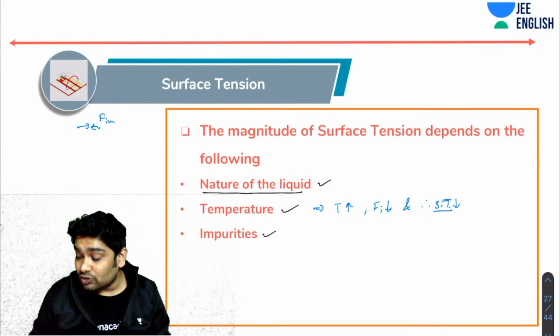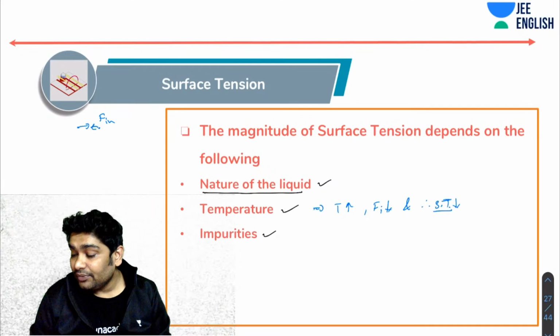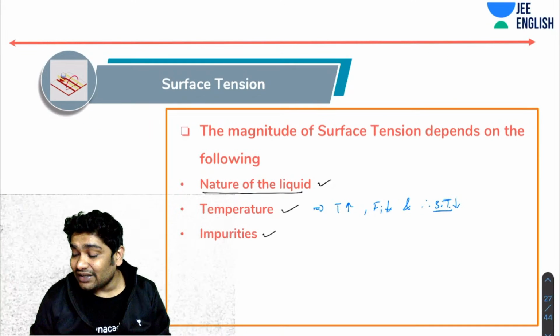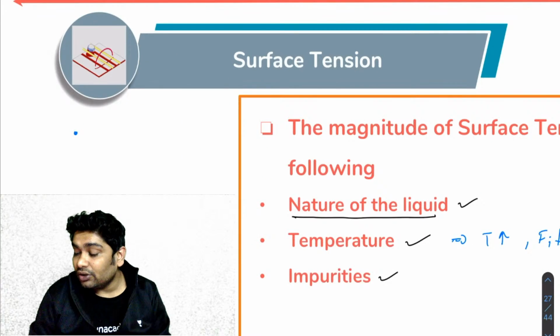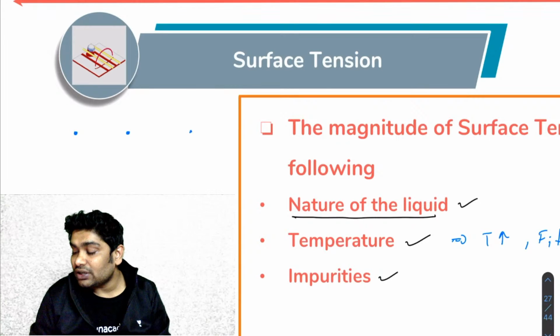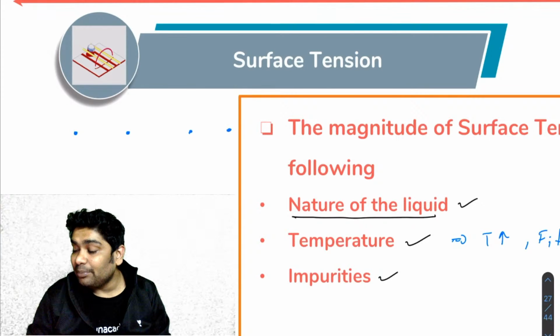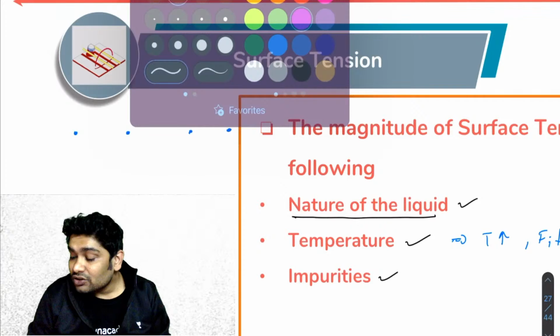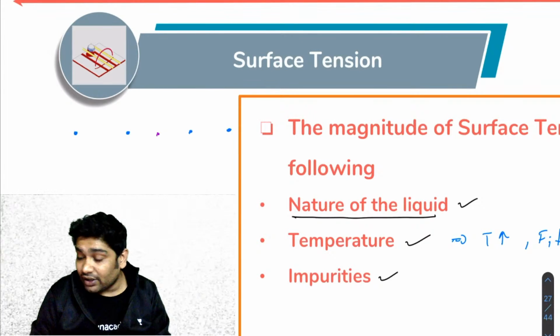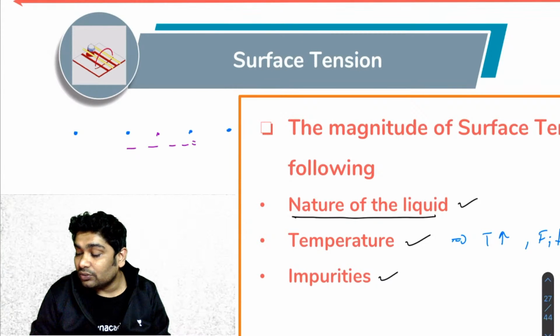Next, you have impurities also. As I said, the surface tension force arises due to intermolecular interaction between the molecules at the surface. Now imagine if there is an impurity present. If there is an impurity atom here, this impurity will hinder the interaction between these two.